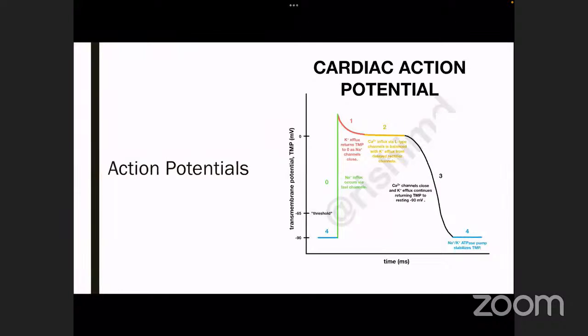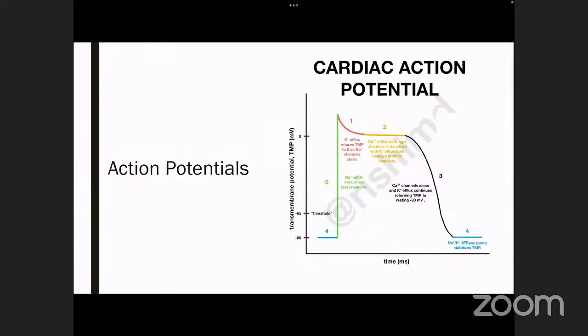For the cardiac action potential cycle, it starts by phase 0 with the sodium influx, and then the potassium efflux, followed by the calcium influx, and with some potassium efflux at the same time, the plateau.